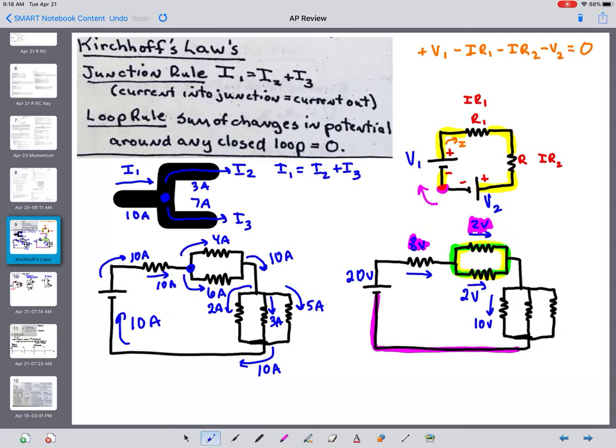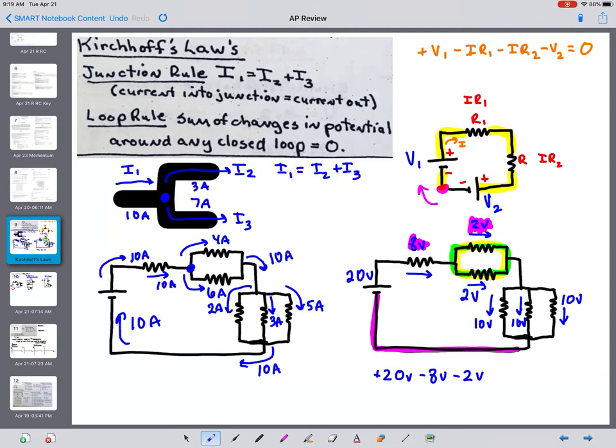Now, applying that same closed loop logic on the smaller loops in this triple parallel, I would have to have 10 volts across this and 10 volts across this. So my battery supplied 20, and then we dissipated 8 volts in the first resistor.